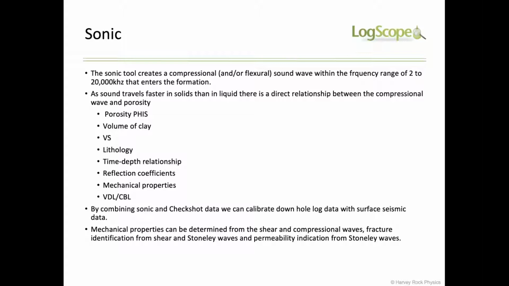In order to make the sonic tool work between the transmitter and the receiver, they basically create a tortuous path for the sound wave, because in the steel that the tool is built from, the sound will move at 56 microseconds per foot, which means that it will arrive at the receiver before the compressional wave will arrive at the tool through the formation.